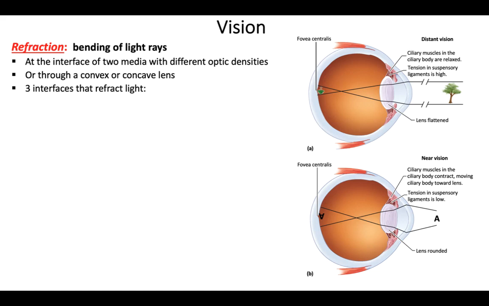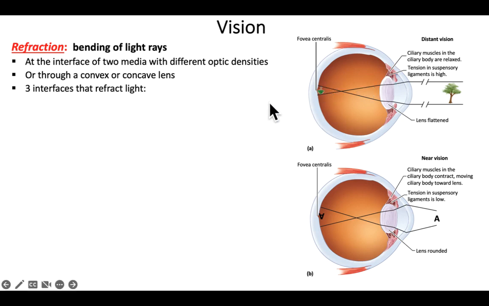Your eyes are basically set for distant vision. You don't have to do a whole lot of adjusting if you're looking at something in the distance. But if something comes closer, we have to adjust the lens. We have to make it a little more rounded, and that's done using your ciliary body. So refraction, super important.